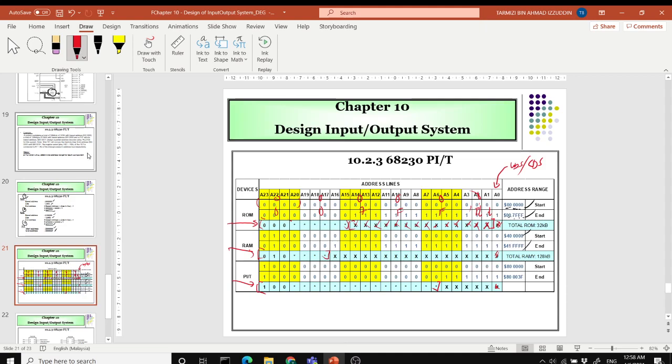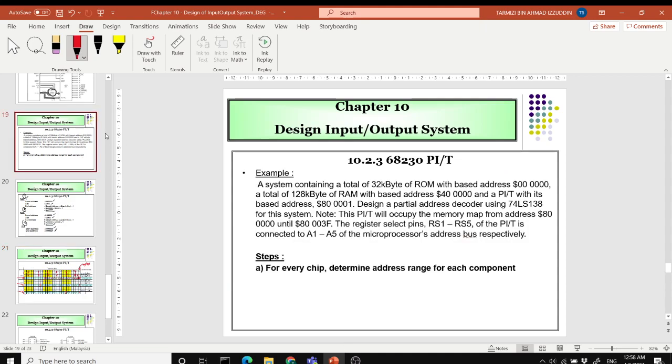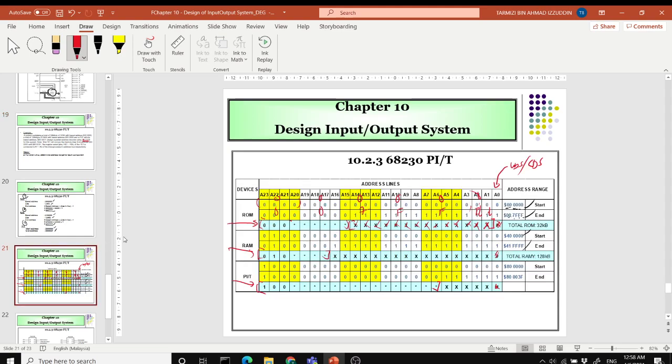Because the question here specifies that you need to use 74LS138. So if you remember back, your 74LS138 consists of three inputs, and it will decode from the 3 inputs into 8 outputs. So you need to specify from here. You need to be clever about this. You need to be a bit smart in figuring this out.